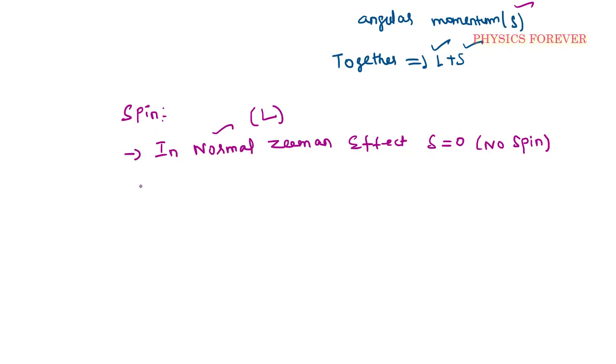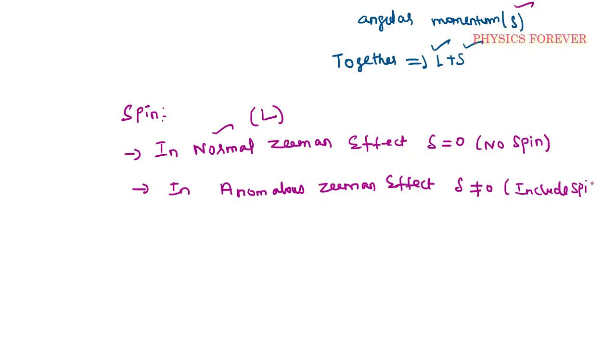In the anomalous Zeeman effect, spin is not equal to 0, so we include spin. This is most important; a one mark question can be asked. If there is no spin, it is the normal Zeeman effect. If you include spin, it is the anomalous Zeeman effect.